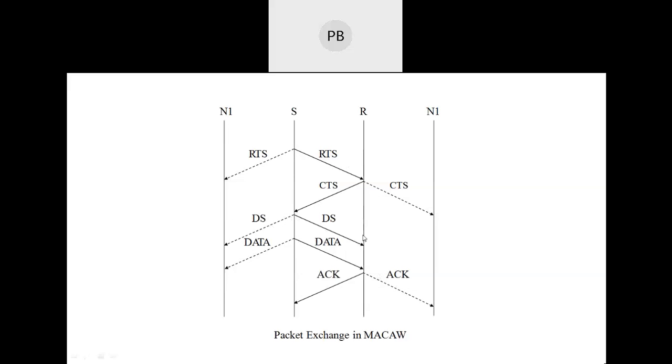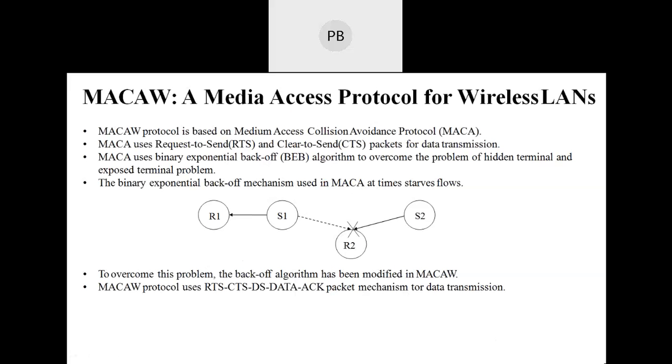The appropriate receiver is going to receive the data and send the acknowledgement to the sender. In this case also it will send the acknowledgement to both of its neighbors. This is the simple principle of the MACAW protocol. MACA means medium access collision avoidance protocol.